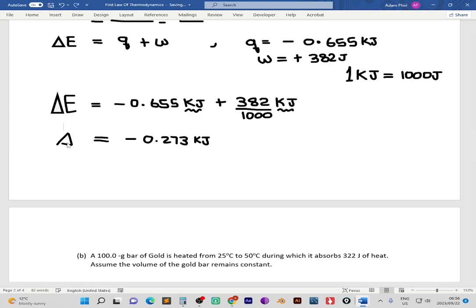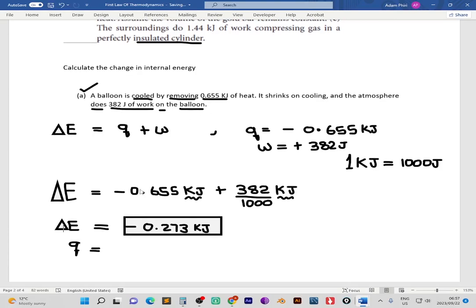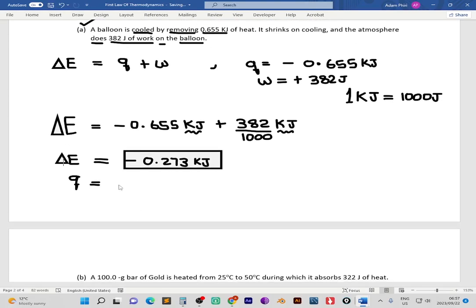And we're not done, because remember from our problem we need to determine whether it is endothermic or exothermic. Once again we rely on the value of Q, which is the energy that is in the system or out of the system.